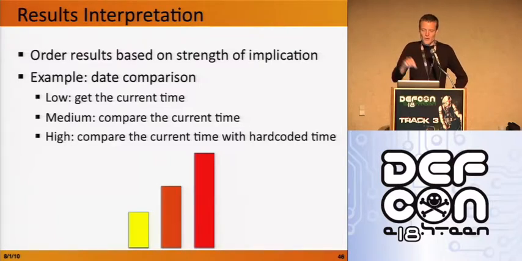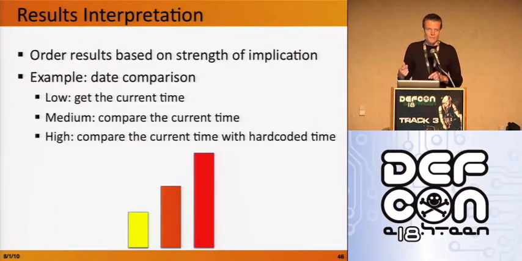But if you compare that with a hard-coded time, that's pretty strange. Maybe that goes at the high end of the bucket. So each one of these breadcrumbs has a strength of implication. How likely is it to describe a real vulnerability? And one of the most exciting things you can do with static analysis is combine these. So you have a low, a medium, and they're all in the same method. Okay, that method definitely warrants manual review.